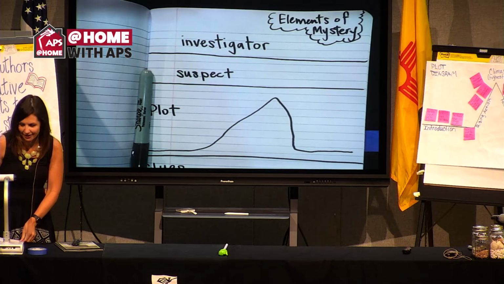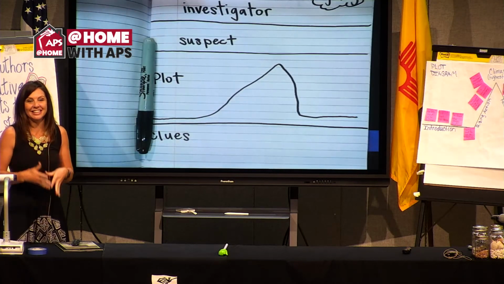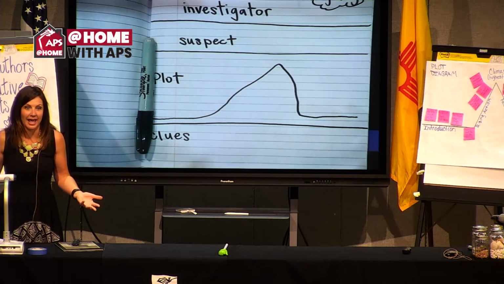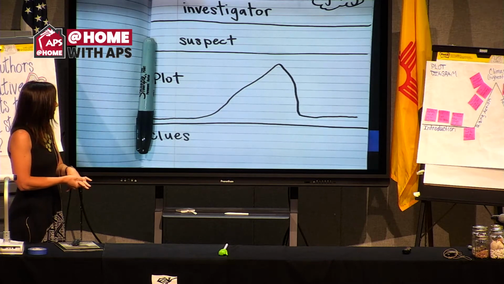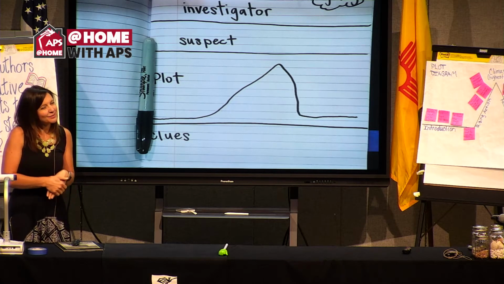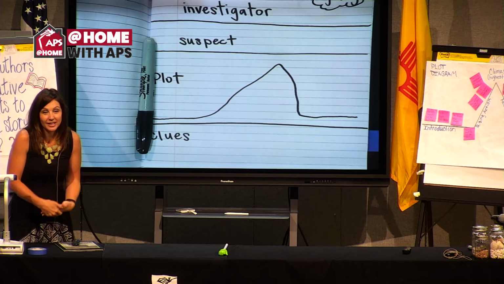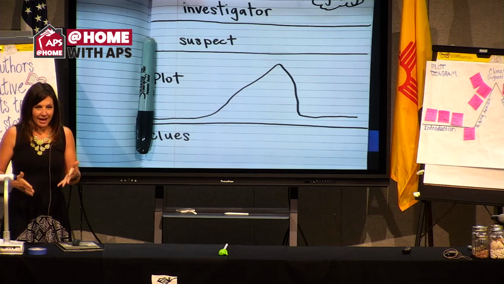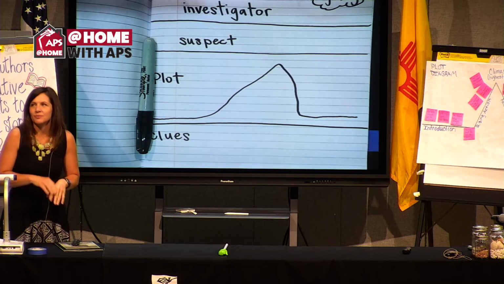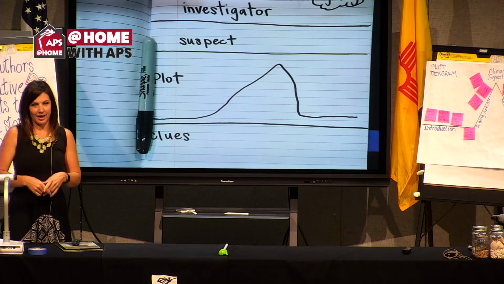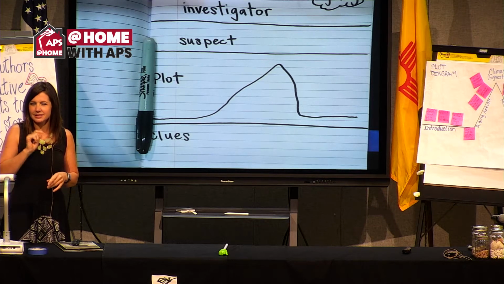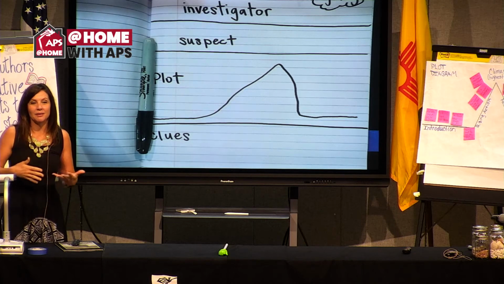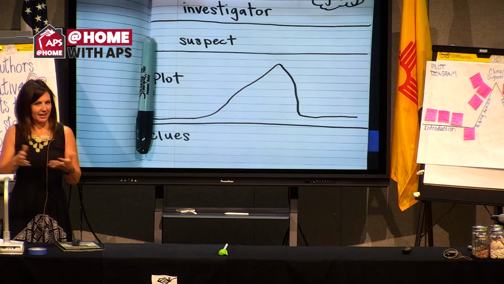Because this is a narrative, we still need a plot. We still need a beginning, a middle, and an end. And because it wouldn't be fun without it, we need some clues. So before I write, you may already know this, I like to organize my ideas. I like to get some things settled in my brain first, and then when it comes time to write them into paragraphs, they come flowing.